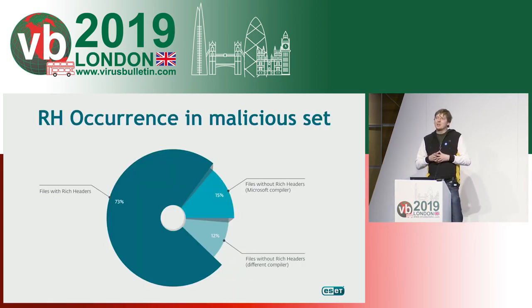So one may ask, how often is this data included in a binary? If you consider any file, it is roughly between 66 to 71% of executables that contain rich headers. And if you take a look at a malicious set, this set represents not just some random data.